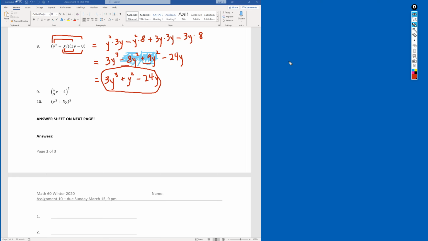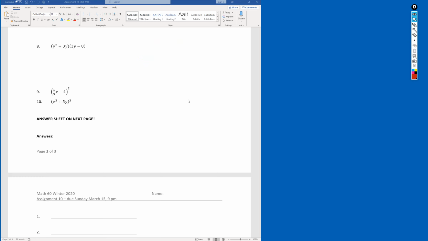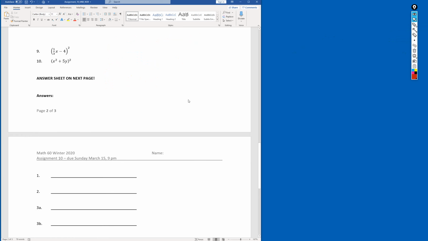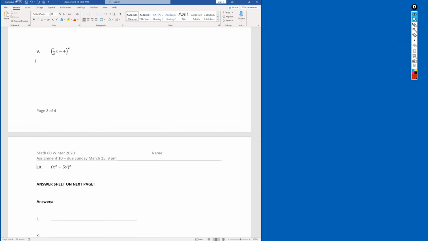All right, going to erase and go on to the next one. Okay, this one, it's always helpful to write these out so you don't forget what it means.